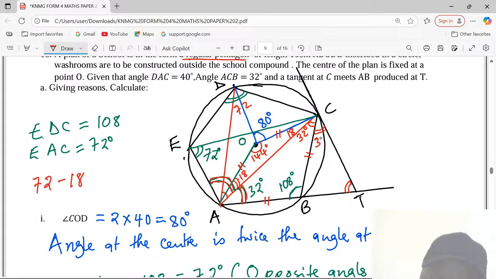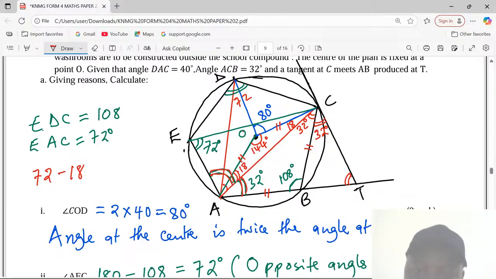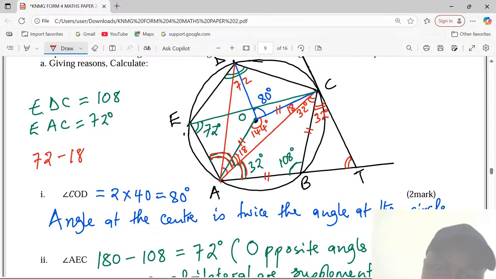So this is also 32, because in Form 3 we learned that the angle made by a chord and a tangent is equal to the angle subtended by the same chord in the alternate segment. Now with 32 at that point, the whole of the angle at C is 64.